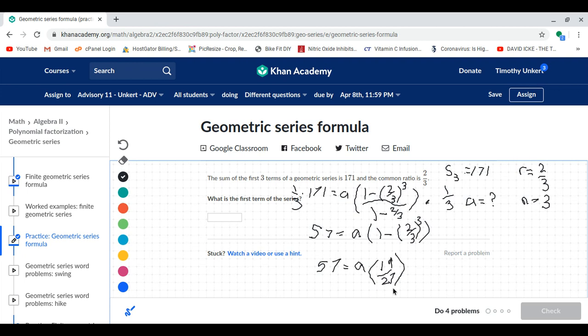Okay, so if I multiply both sides by the reciprocal, I'll get A. So I'm going to multiply by 27 over 19 on both sides.